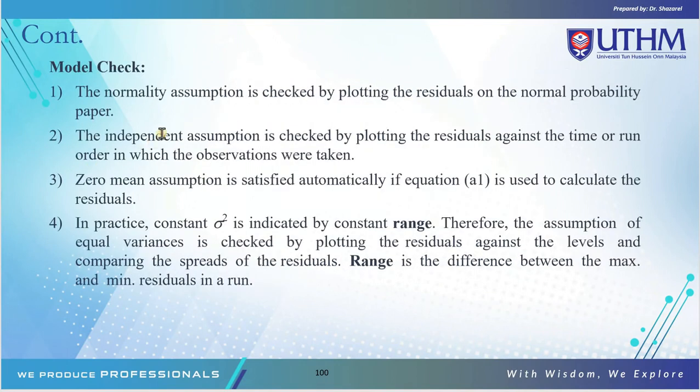Normality can be checked by plotting the residuals on normal probability paper. Then we can determine whether it is normally distributed or not. Then we want to check independence, whether the residuals are independent, so we can plot the residuals against the time of run.